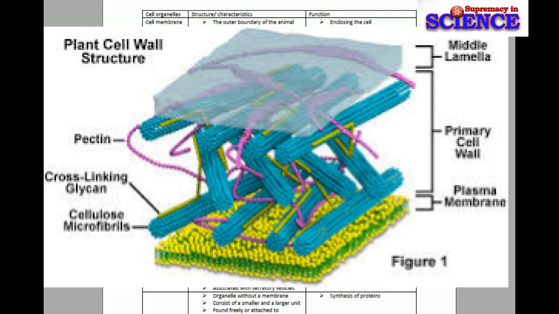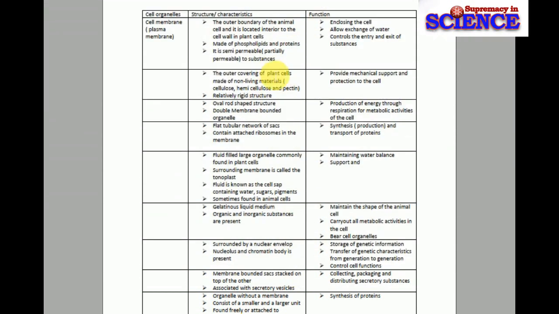But before we go to that, if we go to the cell wall, we have to think one thing: that the cell membrane controls the entry and exit of substances and allows the exchange of water. Even the cell wall is passing water inside and outside. It's not having any obstacle to pass the cell wall. Otherwise you will think of a wall, like a brick wall, where you can't pass anything through.